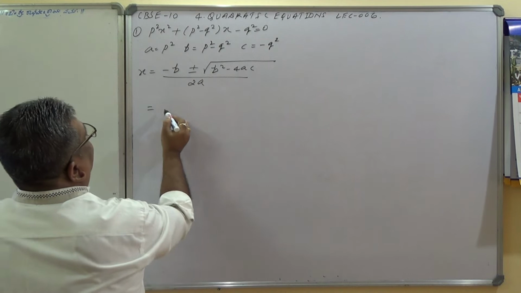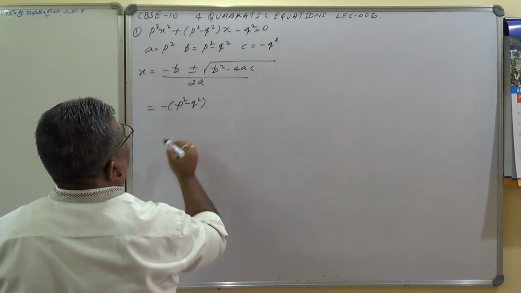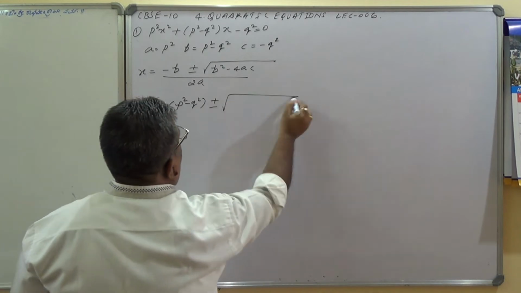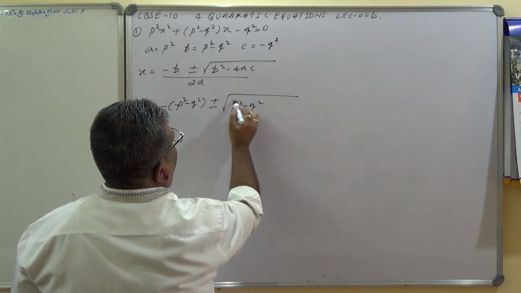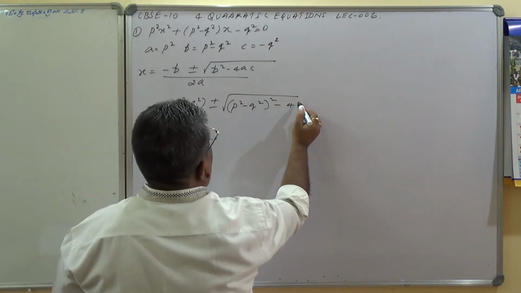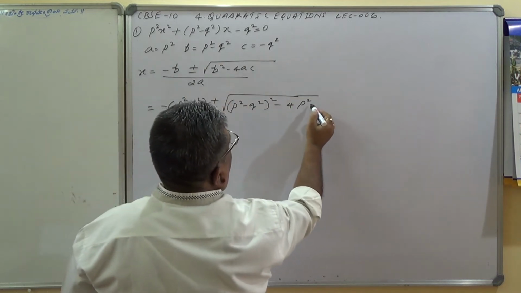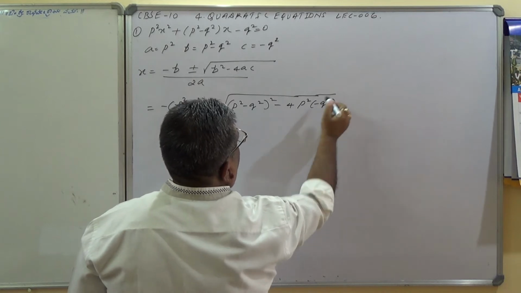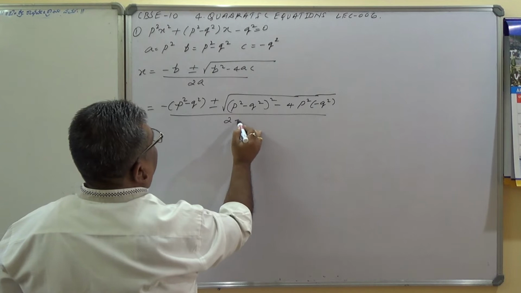Which equals minus of p square minus q square, plus or minus under root of p square minus q square the whole square, minus 4 times p square into minus q square. Now we divide by 2 times p square.